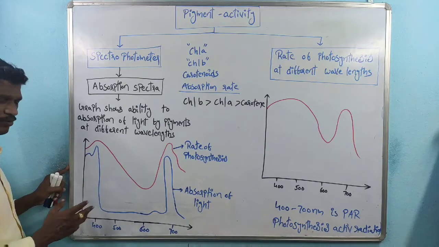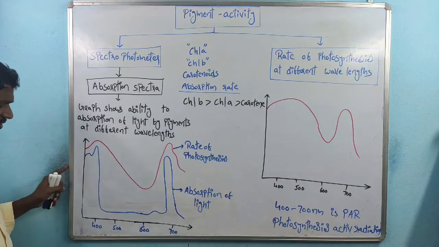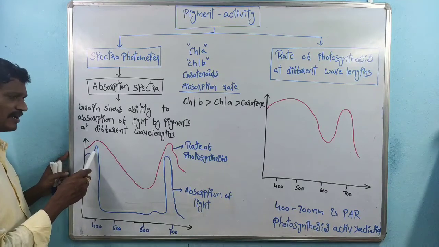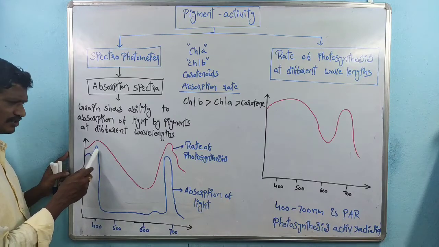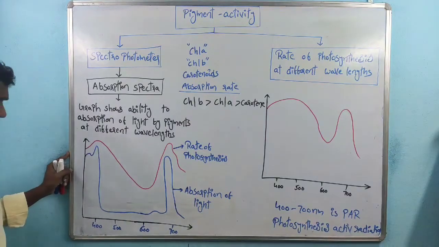If we construct the graph, particularly near the 400 region, one maximum absorption is seen. This is the maximum point of absorption.